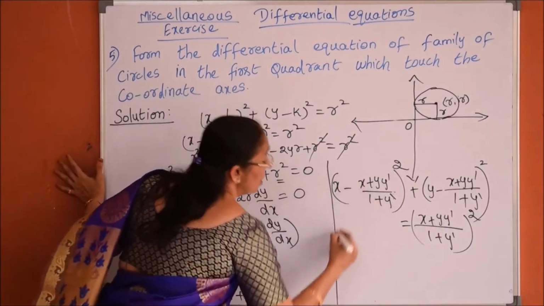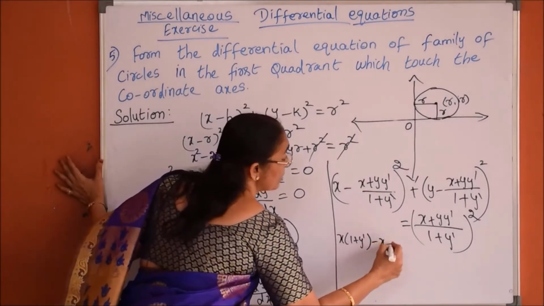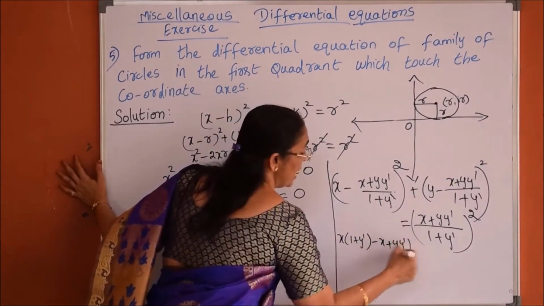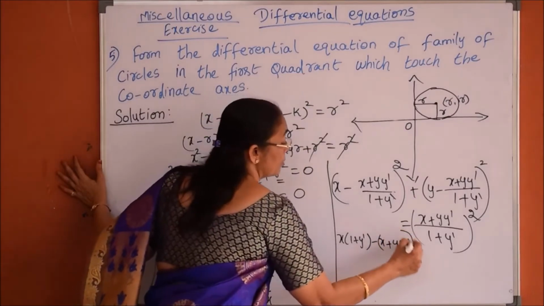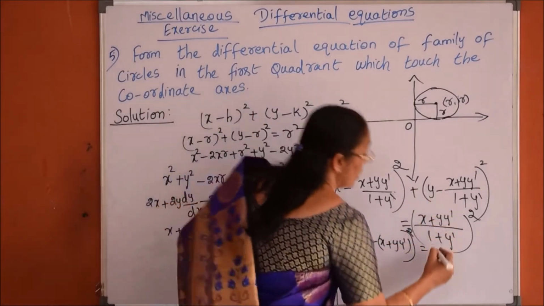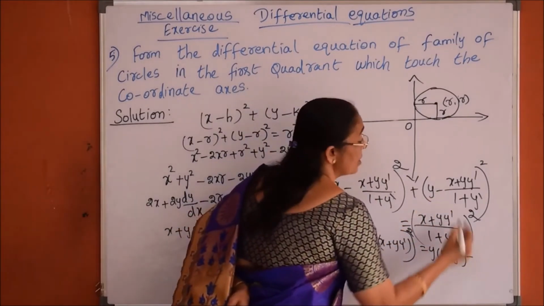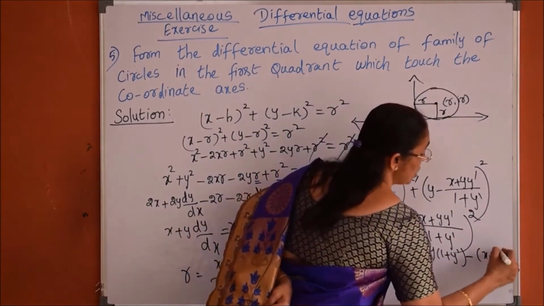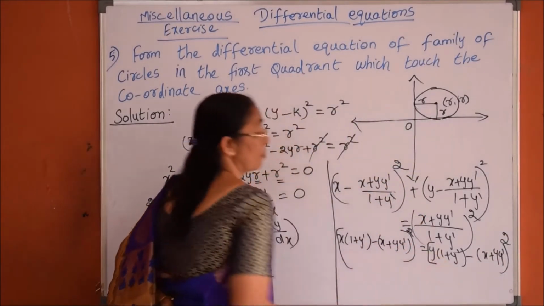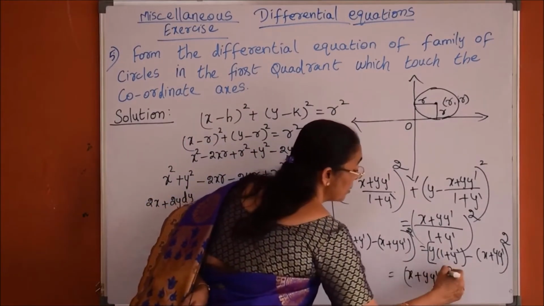Now the terms are: x into (1 plus y dash) minus (x plus y dash), whole square, plus y into (1 plus y dash) minus (x plus y dash), whole square, equals (x plus y dash) whole square.